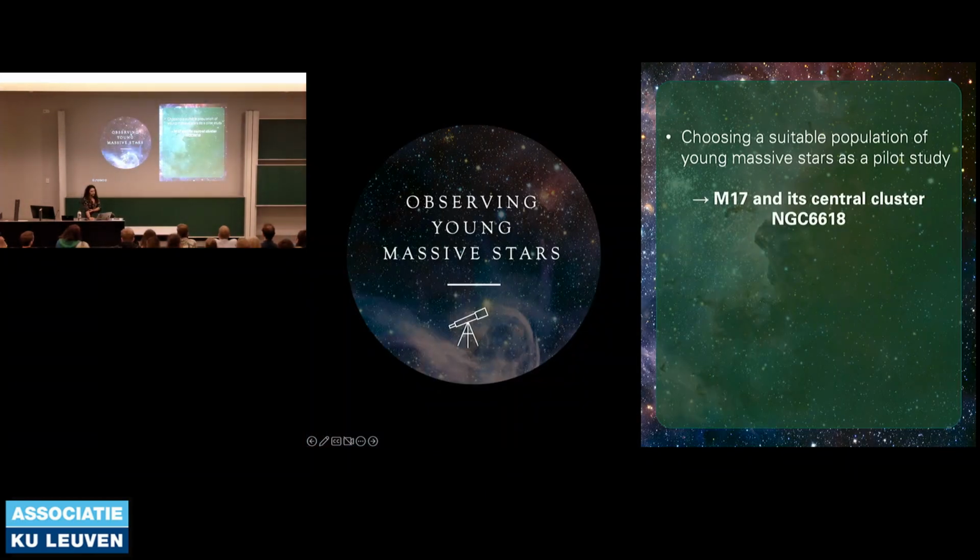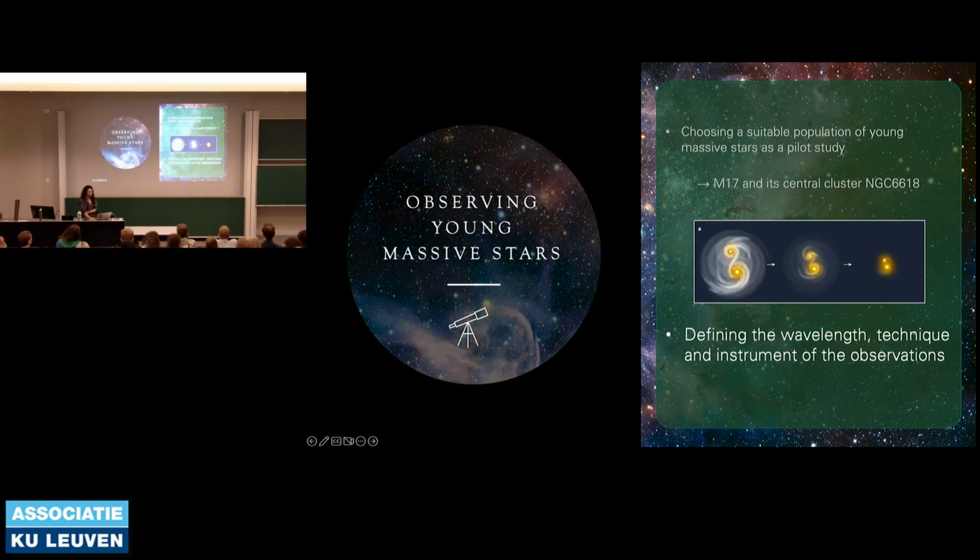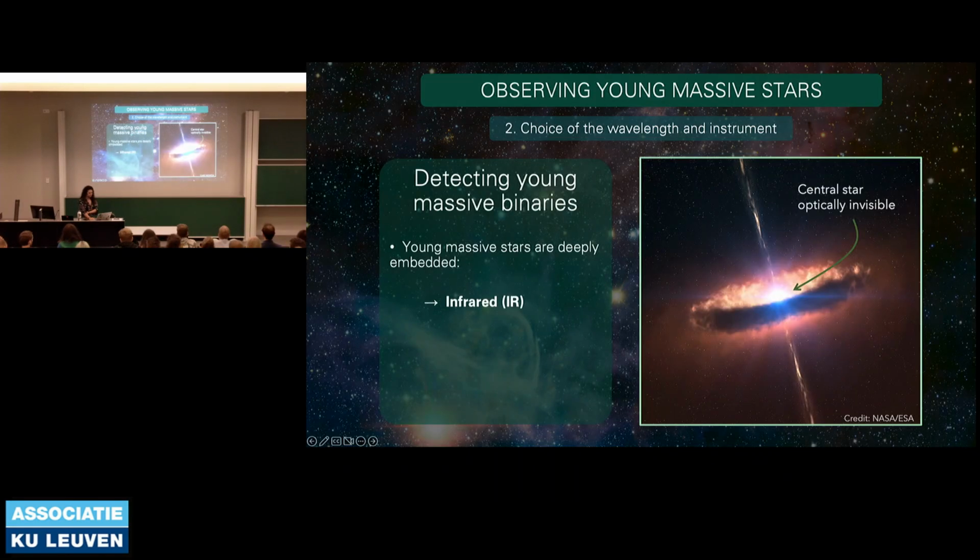Now that we have the objects, we have to define the wavelength, the technique, and the instruments we want to use for the observations. As I said earlier, young massive stars are deeply embedded. They usually peak around 100 microns, so if you want to maximize your chances to detect an object, you should go to infrared wavelengths.